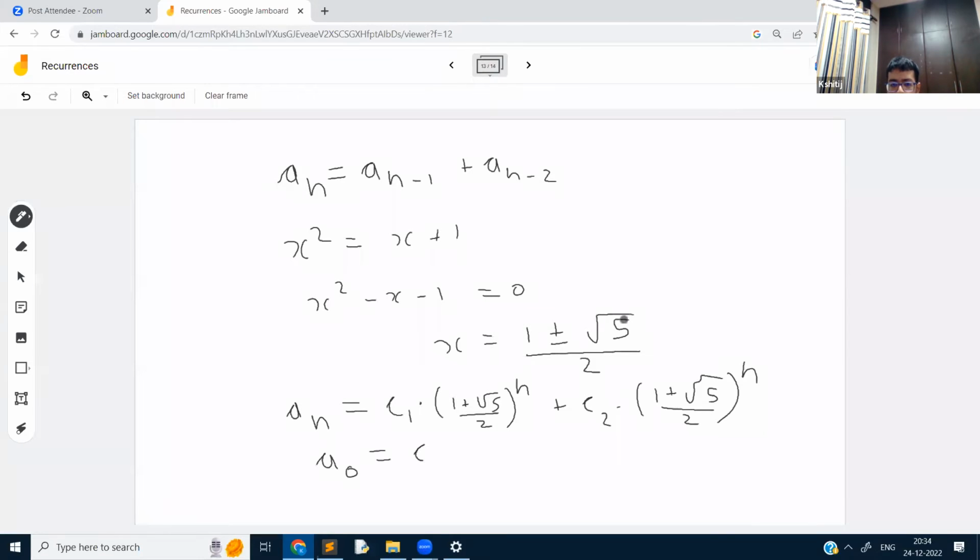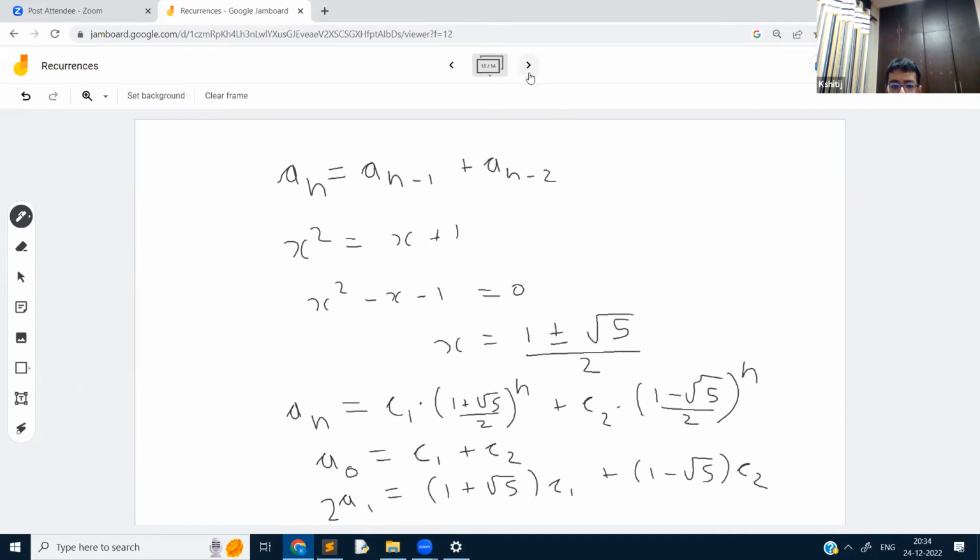A0 equal to C1 plus C2, since n is 0, so each power term becomes 1. And 2A1 equal to 1 plus root 5 C1 plus 1 minus root 5 C2.